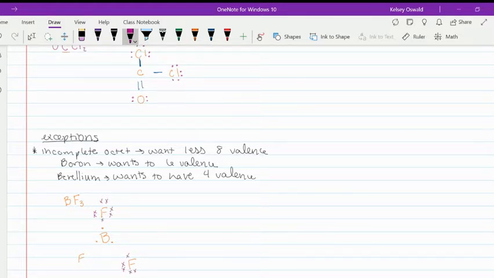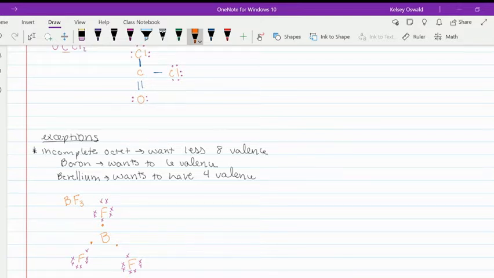If fluorine has 7, that means fluorine wants to gain 1 more electron, so it's going to share 1 of boron's. That's going to be the case with each of our fluorines. Each fluorine is going to share 1 of boron's valence electrons, so now they have a total of 8.